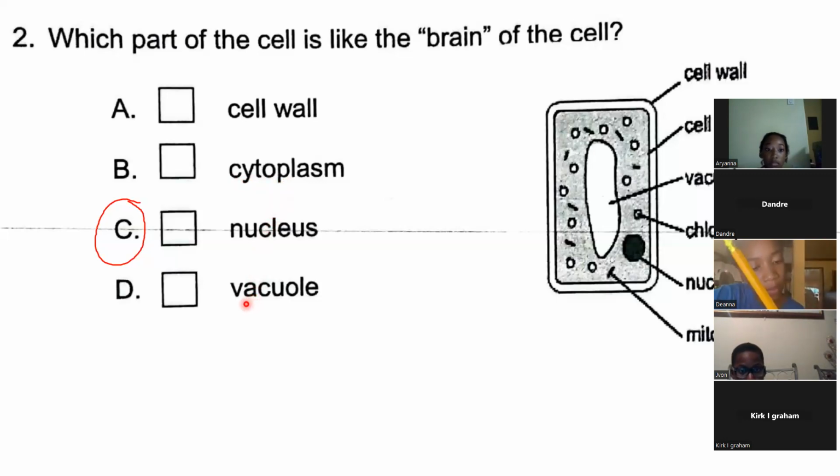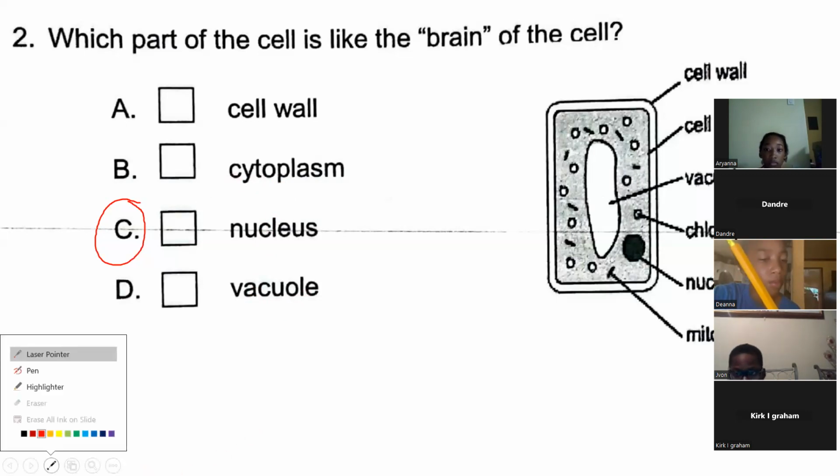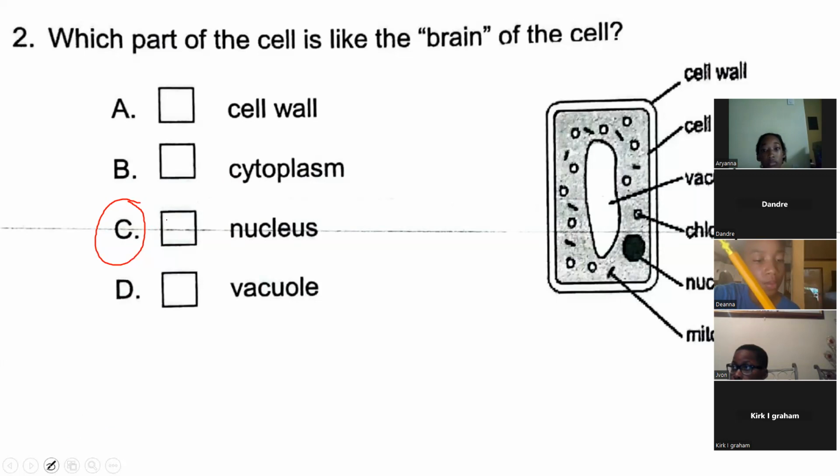D. Vacuole. Okay, what's the correct answer? Nucleus. Very good. So the part of the cell that is like the brain of the cell is the nucleus. So the answer is C.